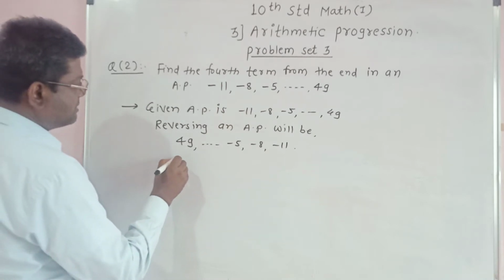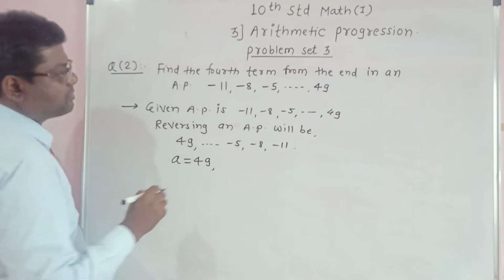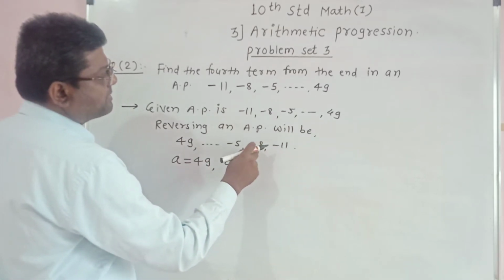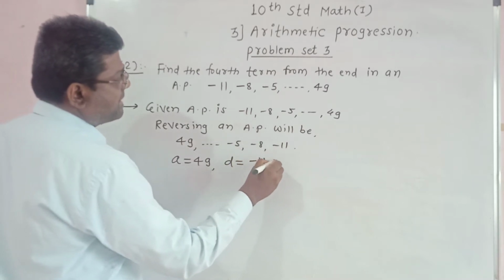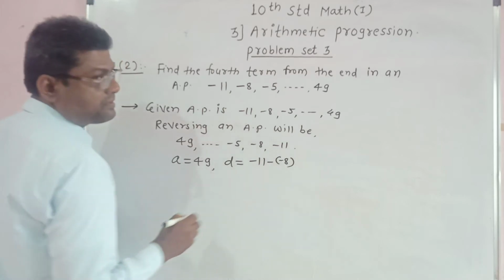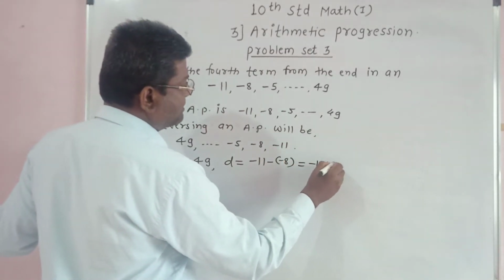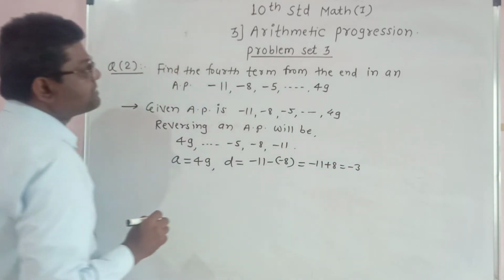Now here the first term a is equal to 49. So common difference d is equal to this term minus this term, that is -11 minus (-8) is equal to -11 plus 8 is equal to -3. So -3 is the common difference.